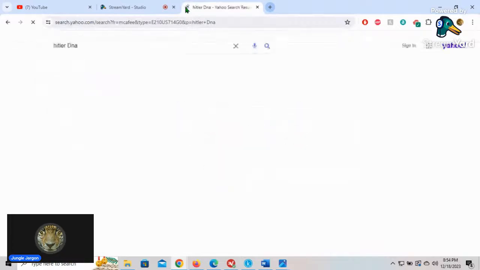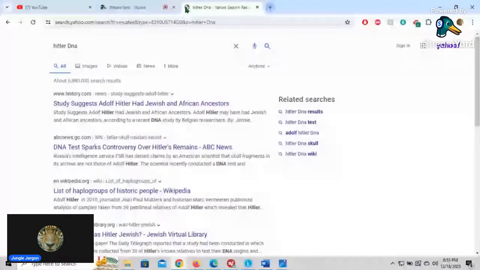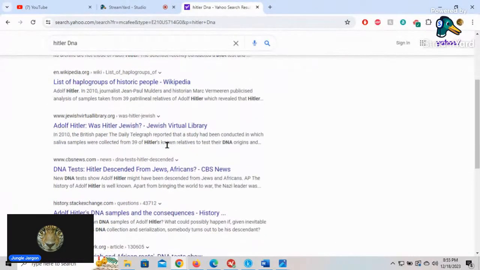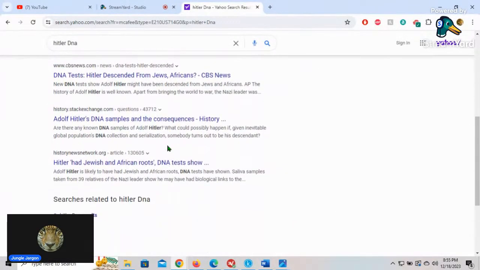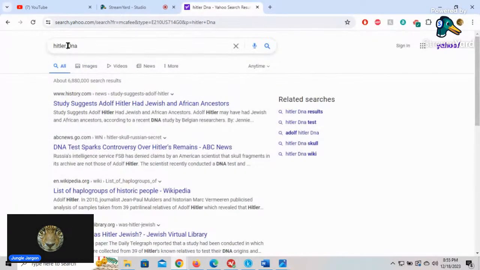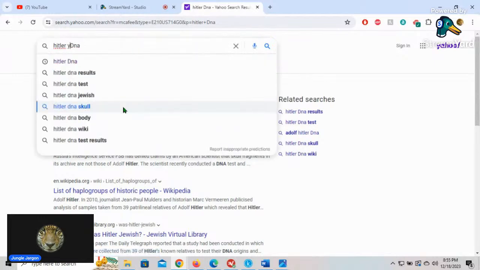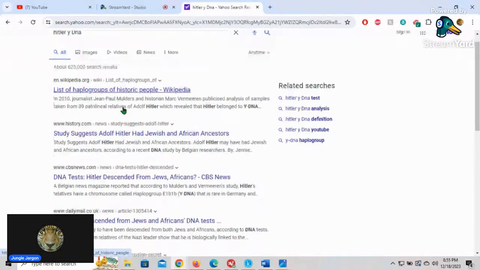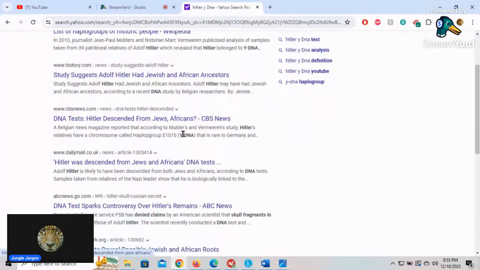I should remember which is which. Let's say Y DNA. Oh, it's E1B1. There it is. It's basically Egyptian or whatever.